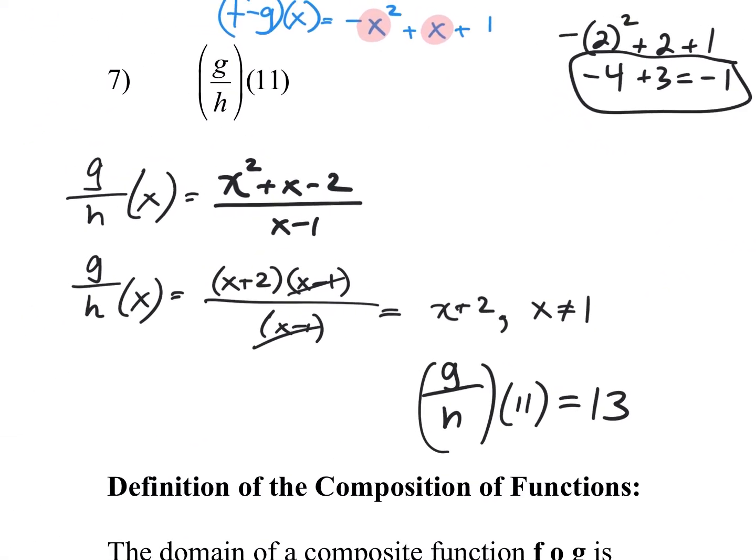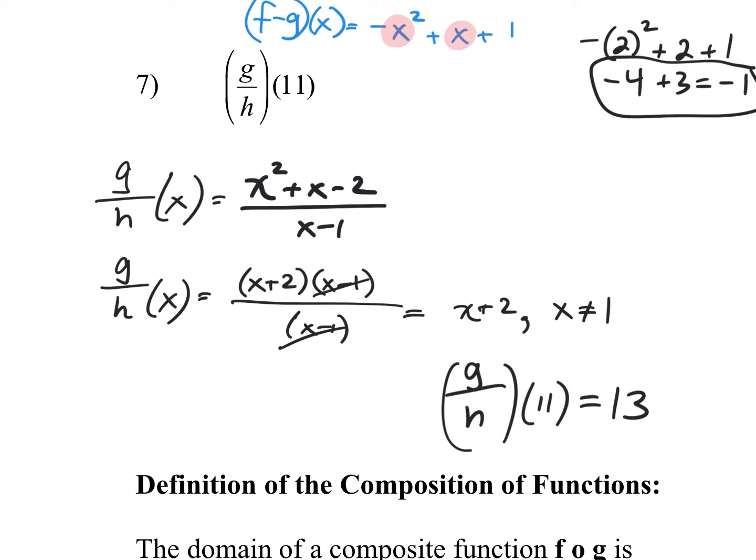On to number 7. So they want g over h of 11. And I bet you some of you just plugged in 11 into x squared plus x minus 2, and you went and got 121 plus 11 is 132 minus 2 is 130. I don't think that we need to do all that arithmetic. I'd prefer algebra.